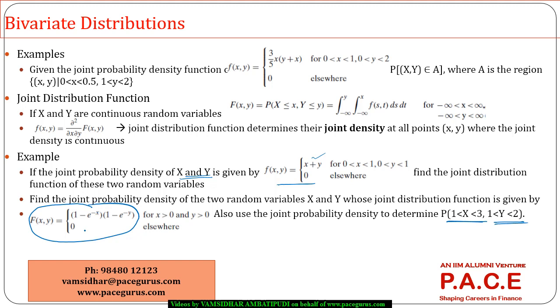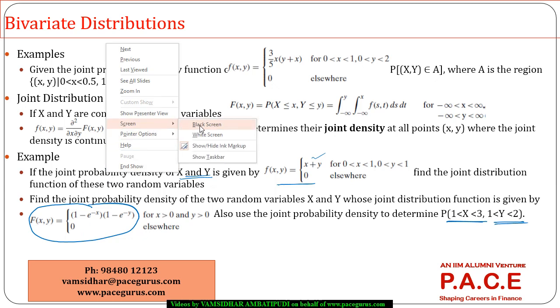So let me do this. I'm getting F of xy. So let's do it for x greater than 0, y greater than 0: 1 minus e power minus x multiplied by 1 minus e to the power of minus y. So we'll take the dou square F by dou x dou y. First let me take it with respect to x.